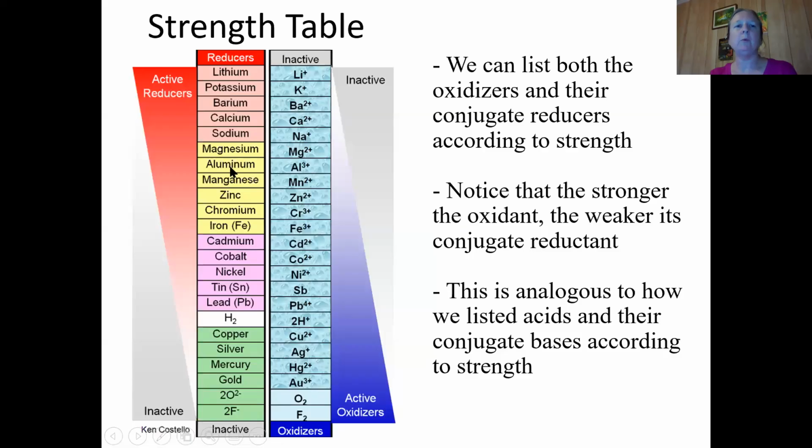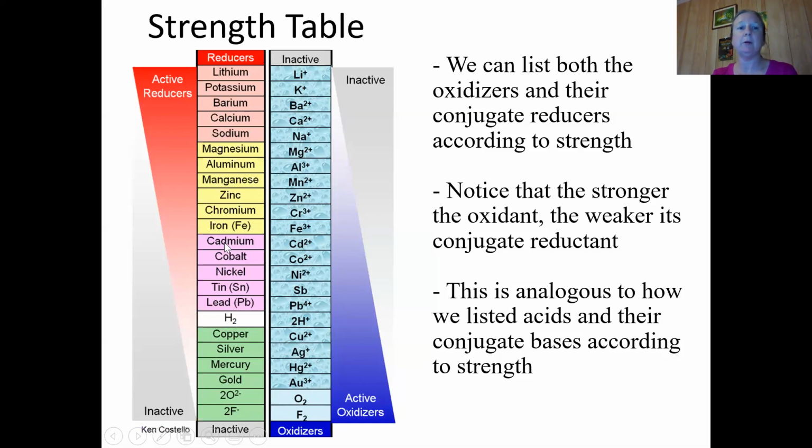The general rule: these are reducers, reducing agents, which means they're going to cause something to be reduced. So magnesium metal can cause cadmium ion to become cadmium. Magnesium can cause cadmium ion to be reduced, to gain electrons and become cadmium.